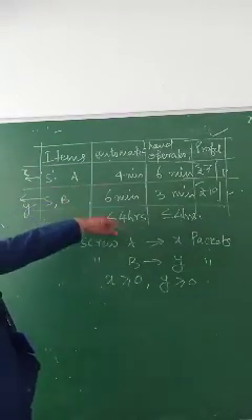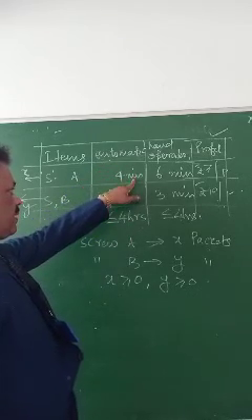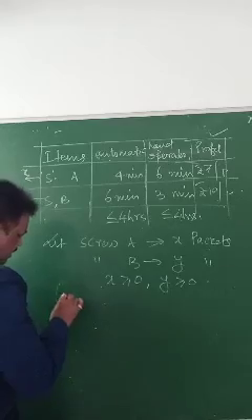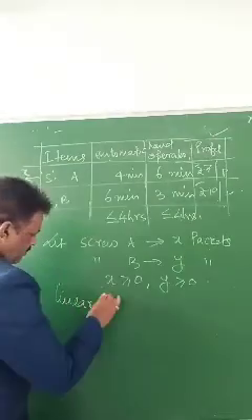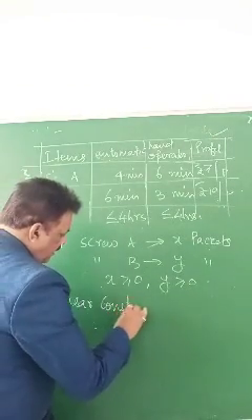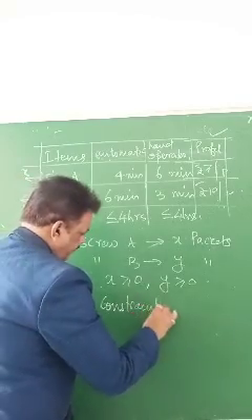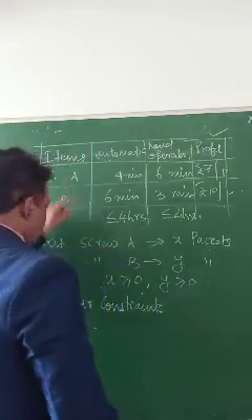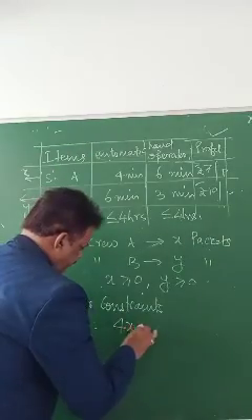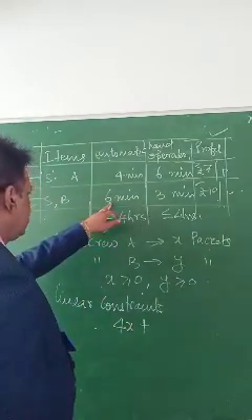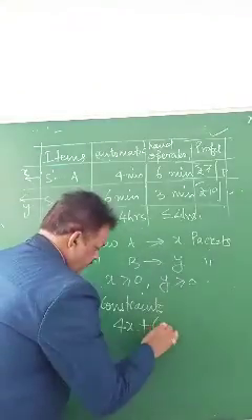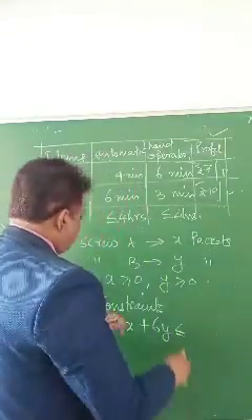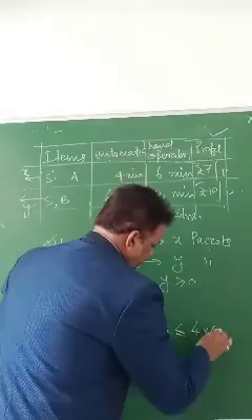Now come back to this. If one packet takes 4 minutes, X packets will take, as a linear constraint, 4x plus 6y less than or equal to 4 into 60.